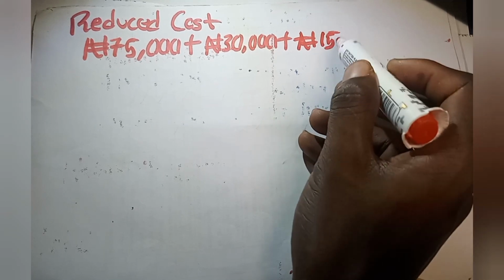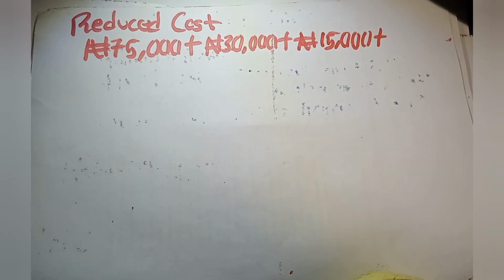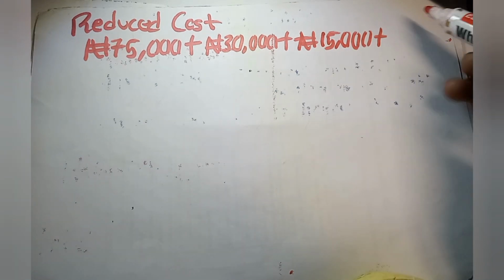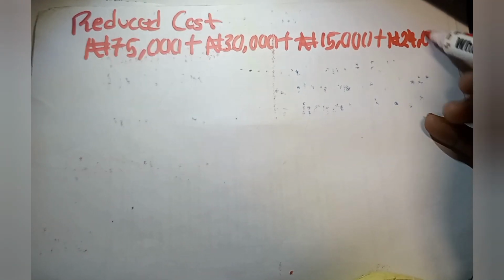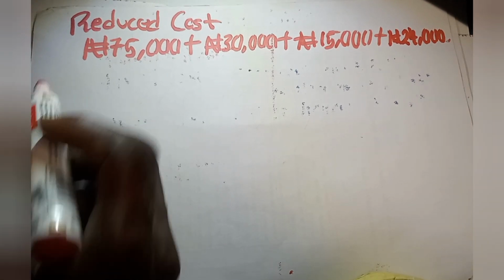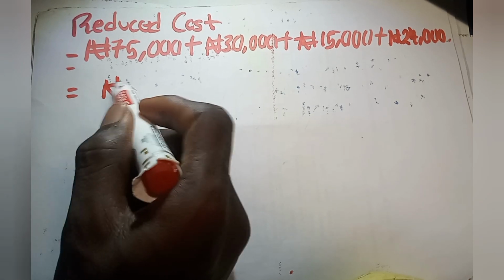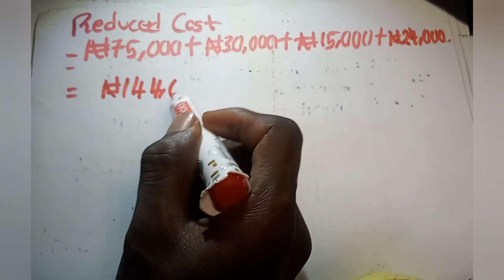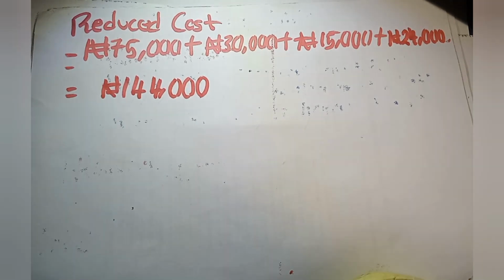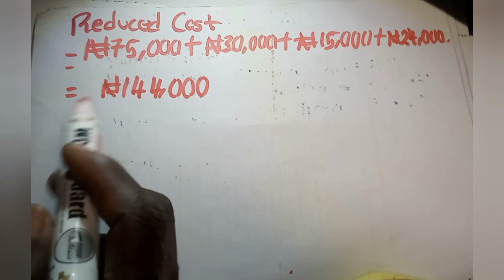Herbicide is used to kill weed, so we incur the cost. Plus the cost of machinery, that is 24,000 naira. If I add all these costs together, I'm going to be getting 144,000 naira.